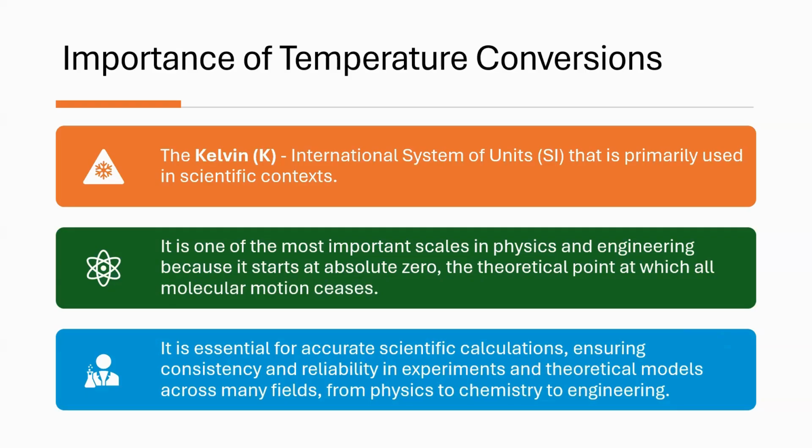It's one of the most important skills in physics and engineering because it starts at absolute zero, which is the theoretical point at which all molecular motion ceases. It is essential for accurate scientific calculations, ensuring consistency and reliability in experiments and theoretical models across many fields, from physics to chemistry to engineering.